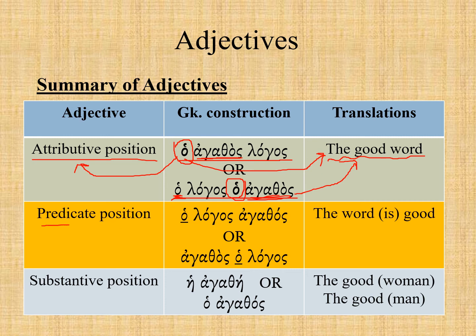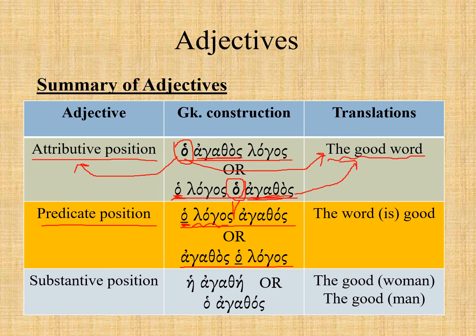Then the predicate position. So notice that ho logos agathos or agathos ho logos. And now you can see I have underlined here that the article is in front of the noun. And there is no article in front of the adjective.